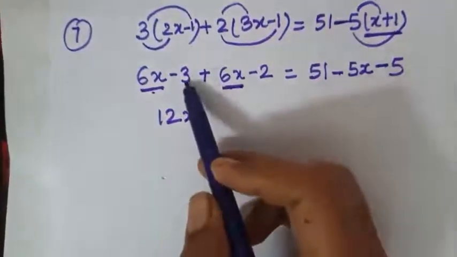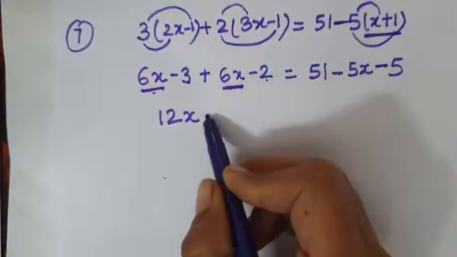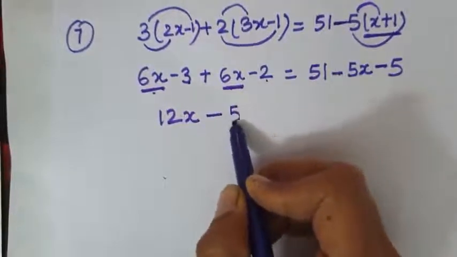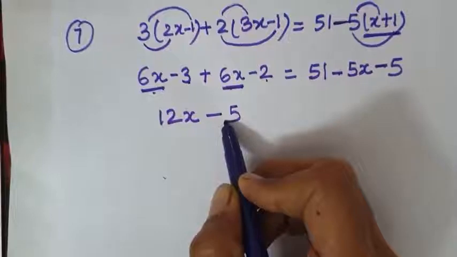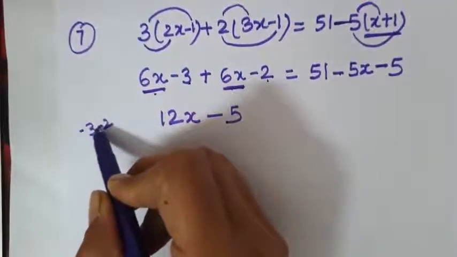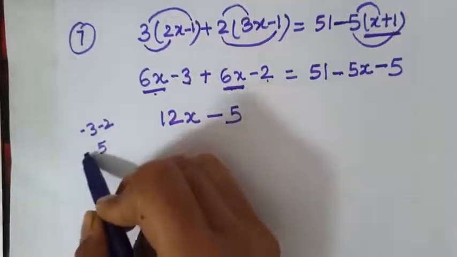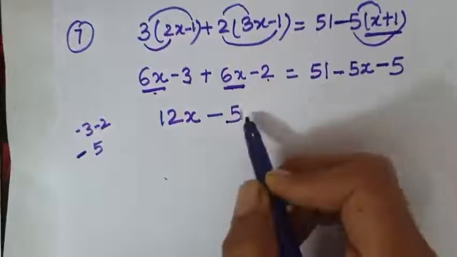Now minus 3 minus 2 will give you minus 5. Minus 3 minus 2, minus minus plus, we will do plus and the negative sign will come.